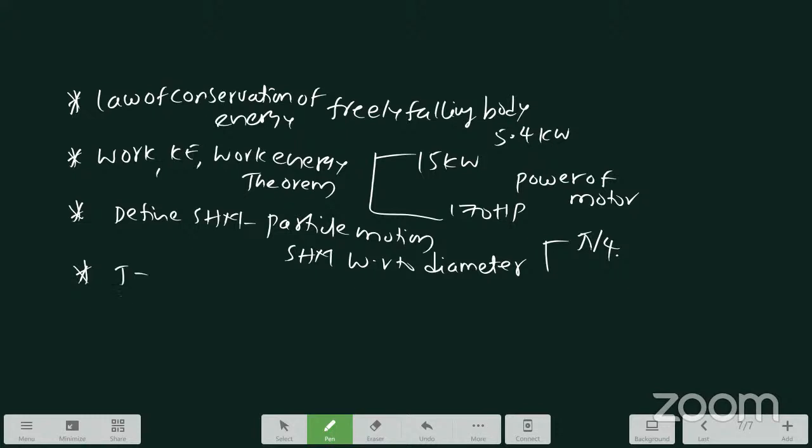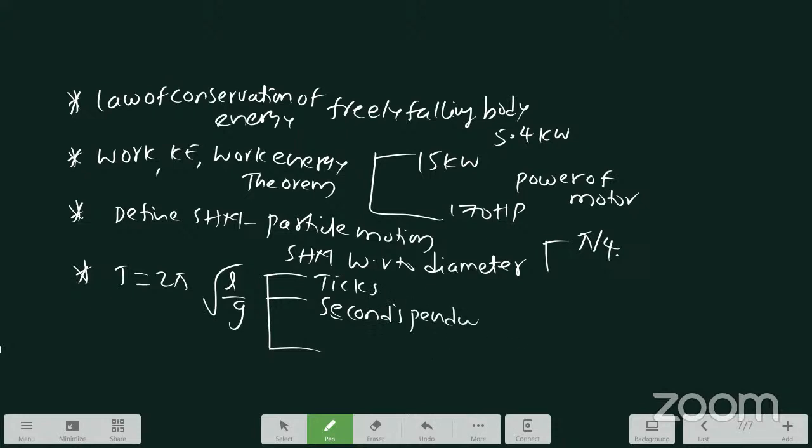Next, time period of simple pendulum. For this one, 3 different concepts: ticks of pendulum, second's pendulum definition, length decreased by 7/16. So this 4 is enough. If possible, you read 6. Otherwise, 4 plus an extra 1. I finished 2 more questions.